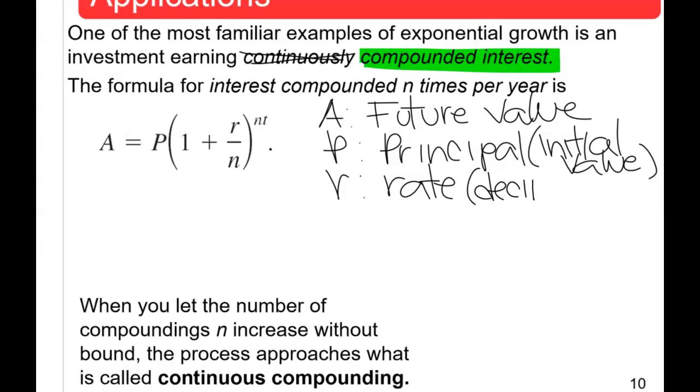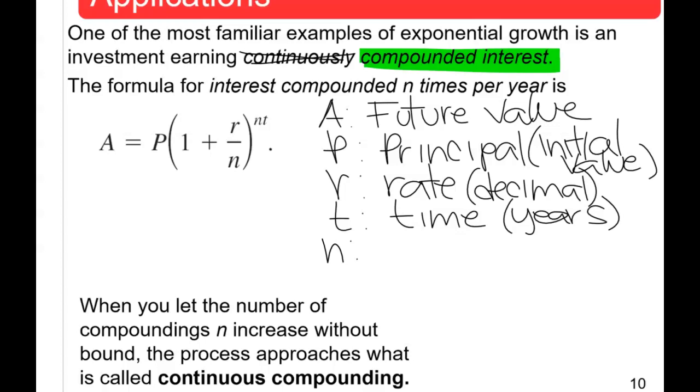So if the rate is given to you in percent form, you have to convert it to decimal. And then also we have letter T that represents time. And this time, for problems about money, is typically in years. And so if you are given a time in months, you have to convert it to a decimal or a fraction of the year. And then N, finally, is the number of compounding periods.